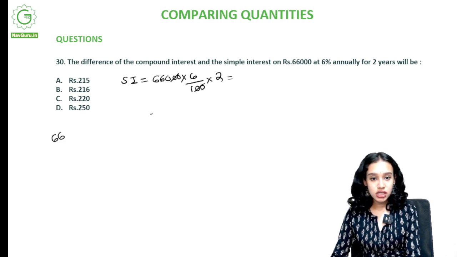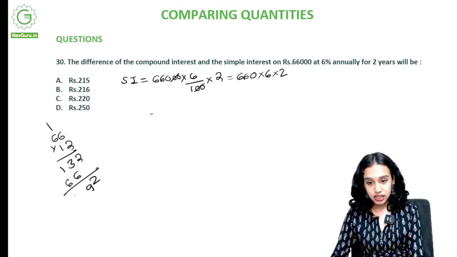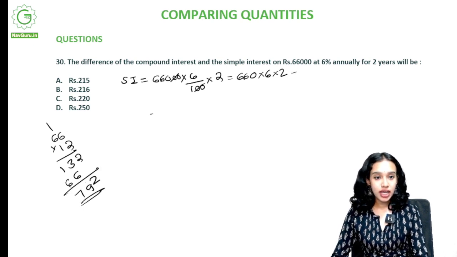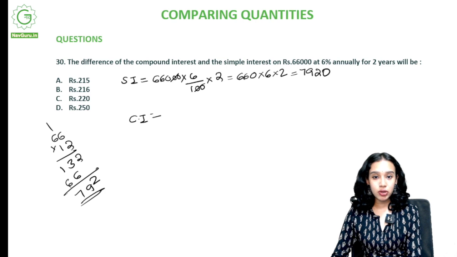So we have 66 into 12, which gives us 7920 here, right?